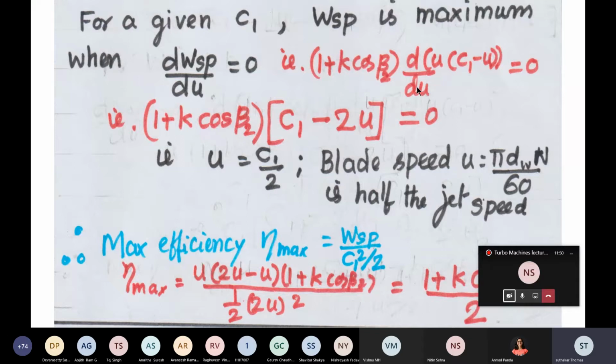The function is like that because specific work has a product U into (C1 minus U). When U increases, C1 minus U decreases, so power will decrease. But when U increases, because the whole thing is multiplied by U, the power also should increase. So there is an optimum.